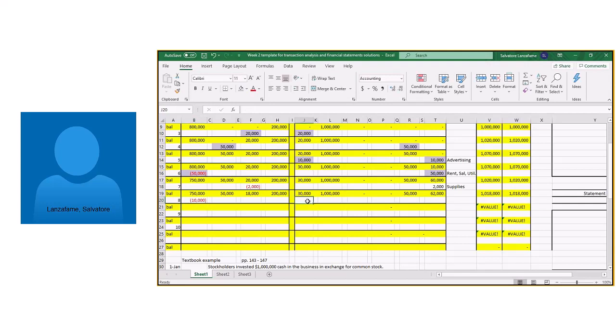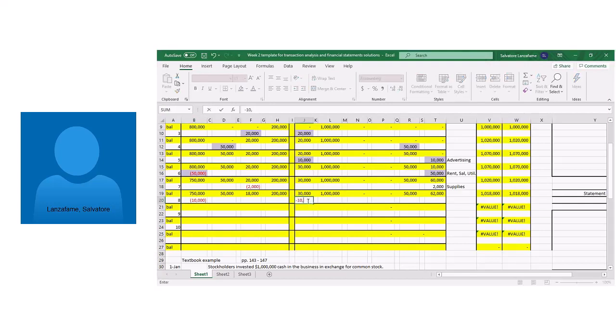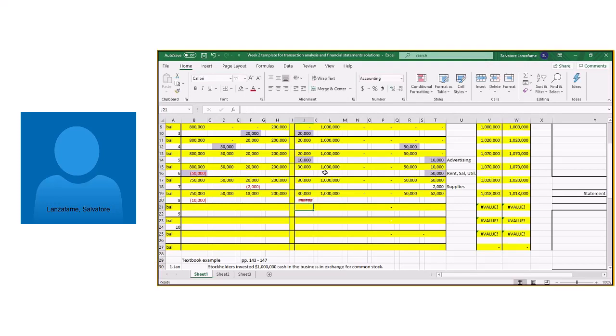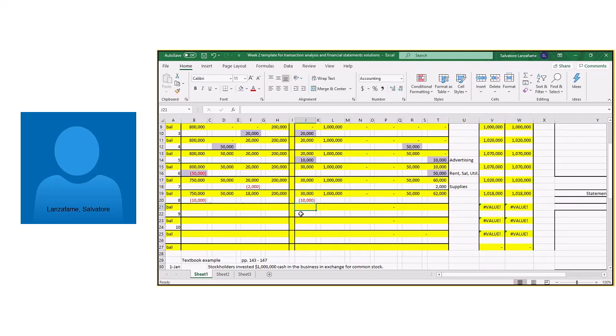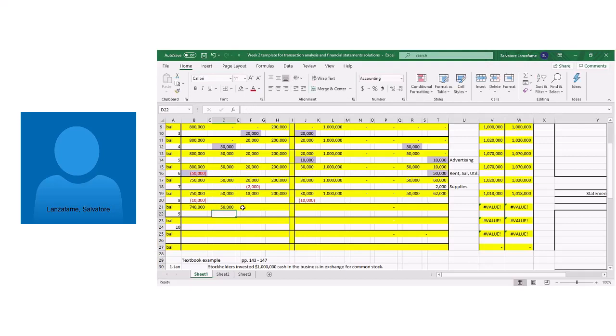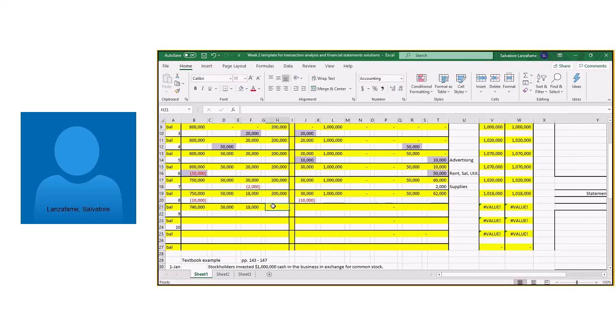And your credit card debt or your liability is going to go down by that same $10,000. And again, those hashtags just mean that the field is just not wide enough. So when I subtract 10,000 from 750, I get 740. These other accounts, these other assets remain the same.